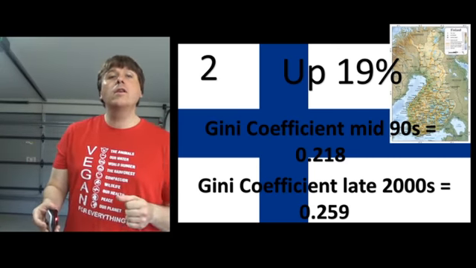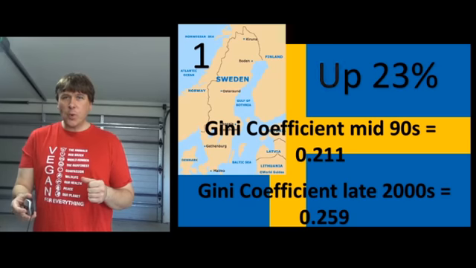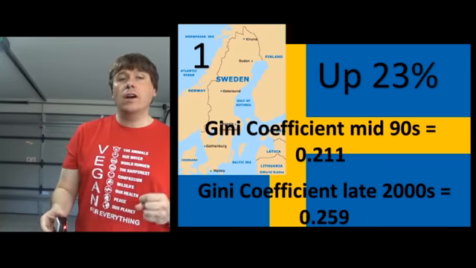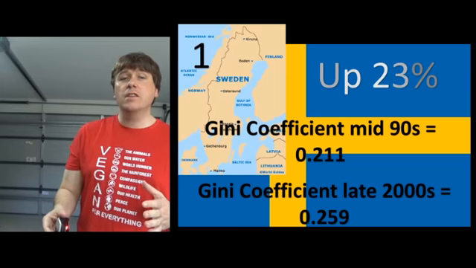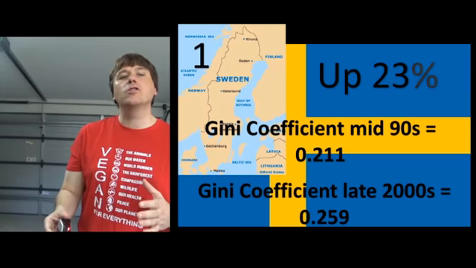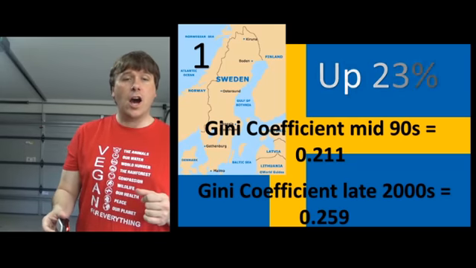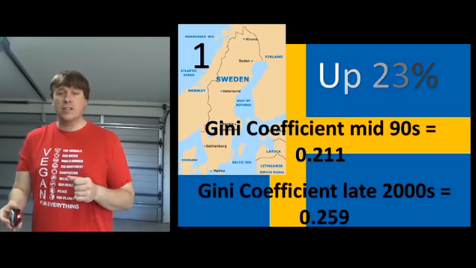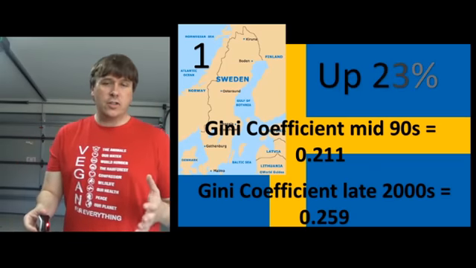And at number 1, we have Sweden, up 23%. We've got to bear in mind that the Gini coefficient in the mid-90s was actually very low, 0.211, and that's gone up to 0.259. So again, that's reasonably low.